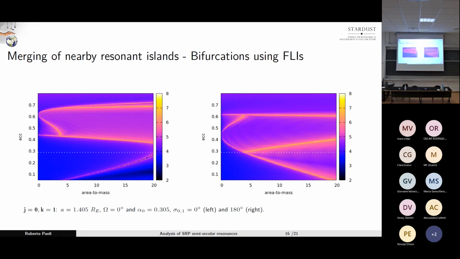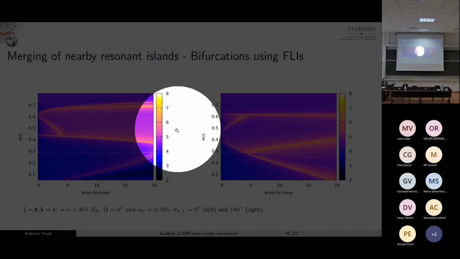Fast Lyapunov indicators are really a useful tool, as you can see from this plot. They let us draw some kind of bifurcation plots. Here, the bright curves correspond to either the stable point or the intersection of the separatrix with the selected lines, such as resonant angle equal to 0 or resonant angle equal to 180 degrees.